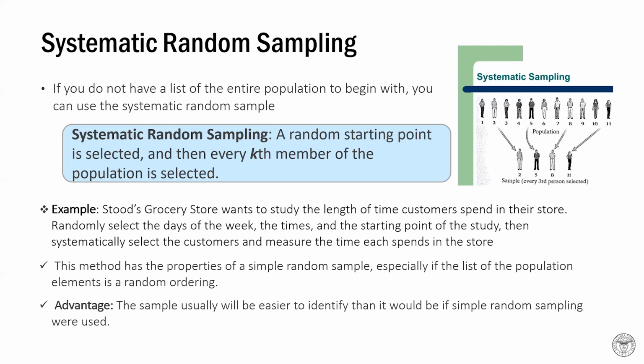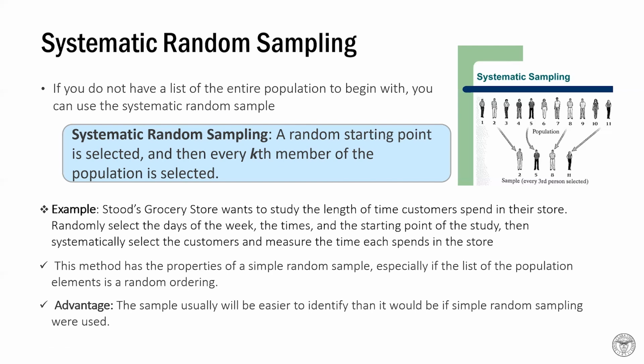That would be 16th, 26th, 36th customers until we reach the goal of 25 customers. Systematic random sampling has the properties of a simple random sample, especially if the list of the population element is a random ordering.